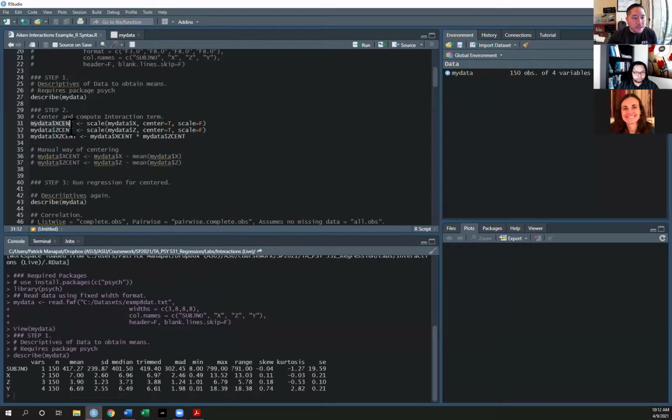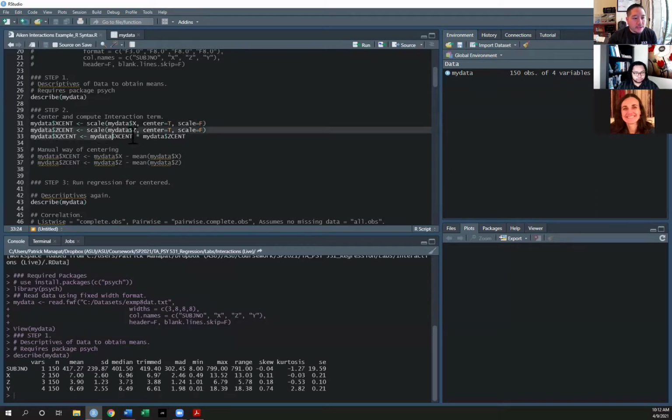All right, so I'm going to center X first. I'm going to create a new variable in the my data dataset, and I'm going to call this variable xcent. And I'm going to use the scale function to scale X in my original dataset. I want to center it, but I don't want to scale it, so make sure that center is equal to true and scale is equal to false.